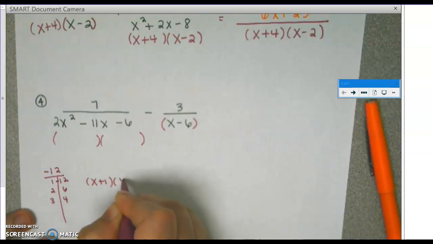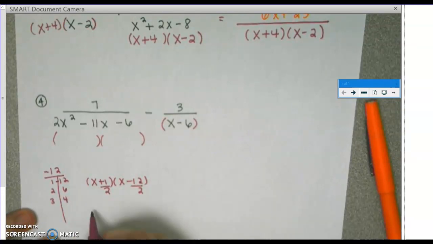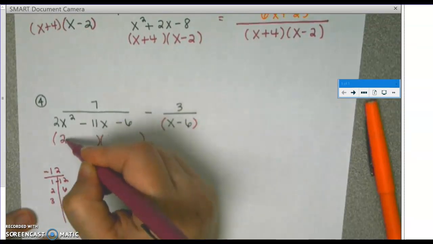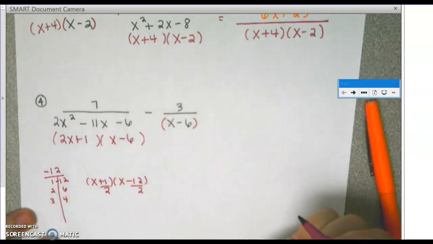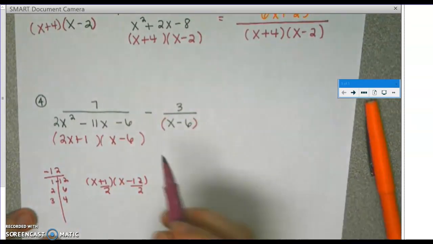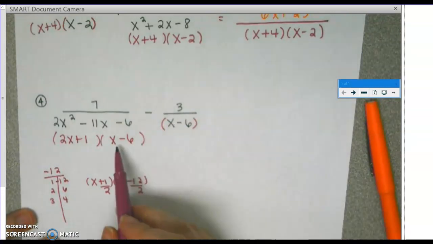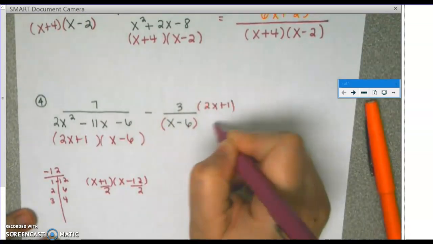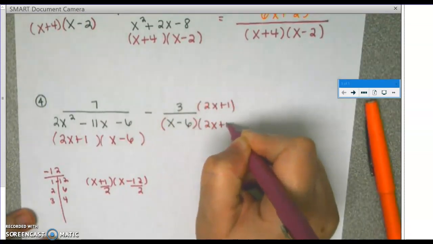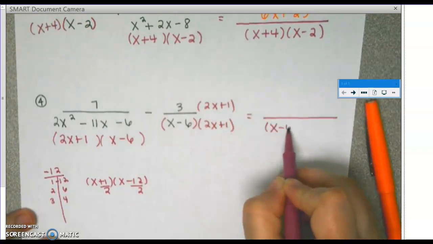So x plus 1, x minus 12, and then I'm going to divide that leading coefficient out. So this one would become 2x plus 1. That one becomes x minus 6. So I can see they both already have x minus 6 in common. So what this one needs is 2x plus 1. So my denominators are the same.